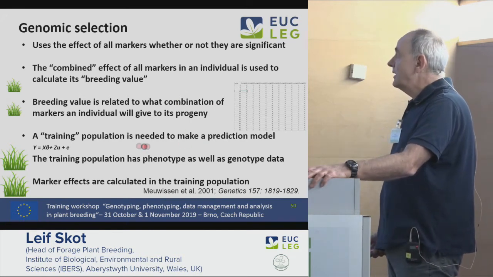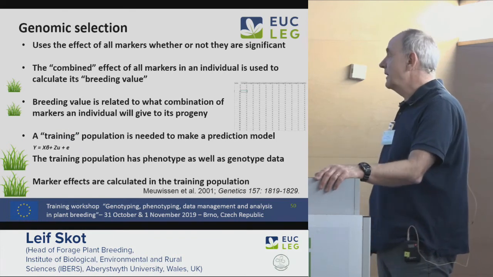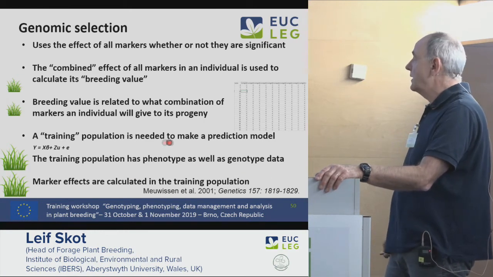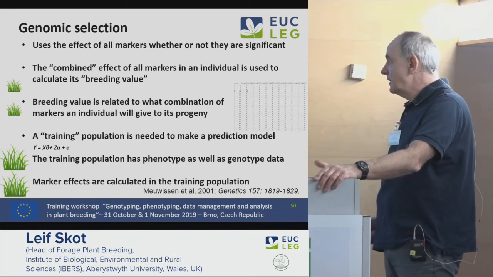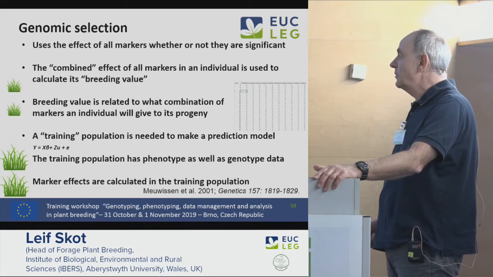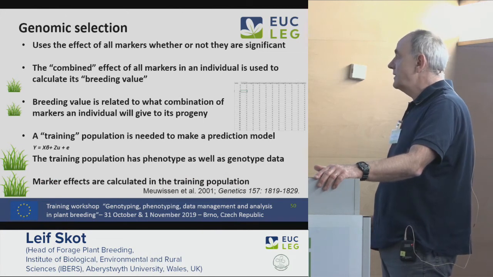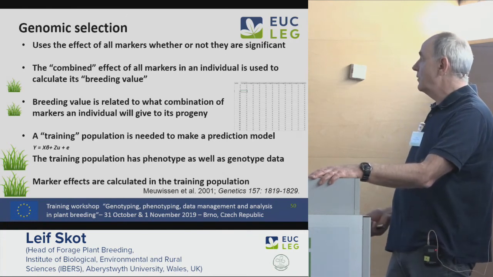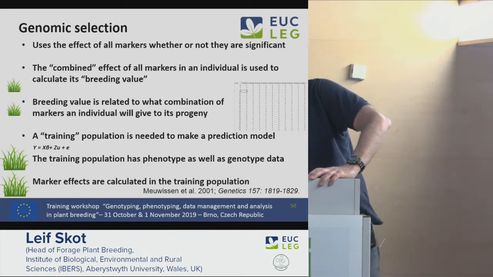And you need a training population to make that prediction model, which is symbolized here. You will hear much more about that later on. The training population has phenotypic as well as genotypic data. So you put those two data together, and you calculate a marker effect of the training population, and you use that to predict the genomically estimated breeding value in your validation population.